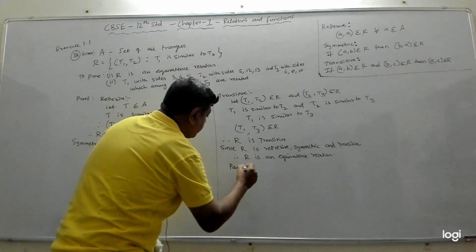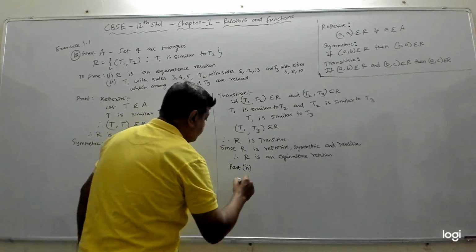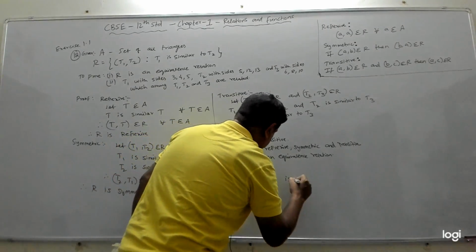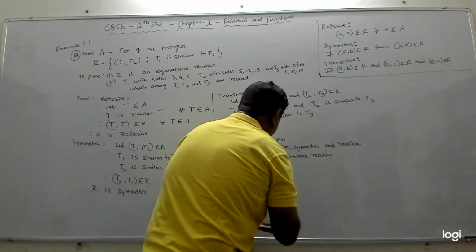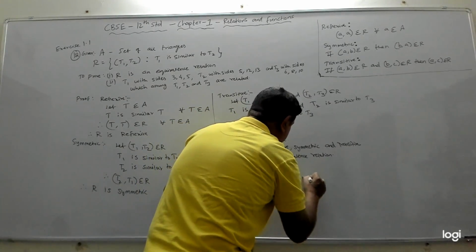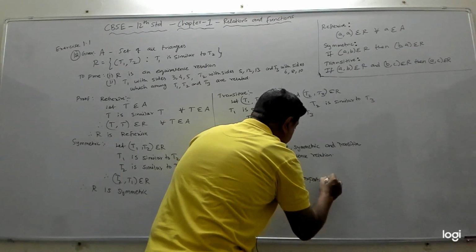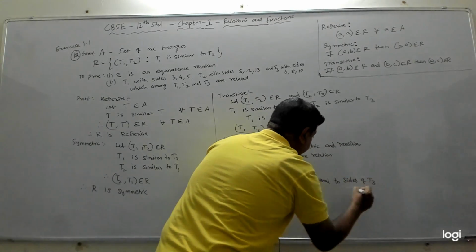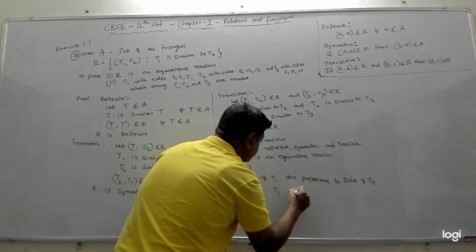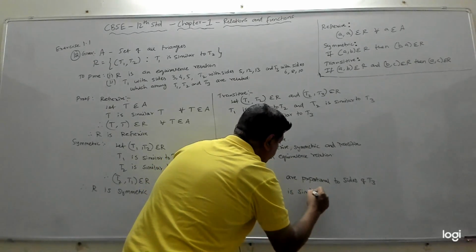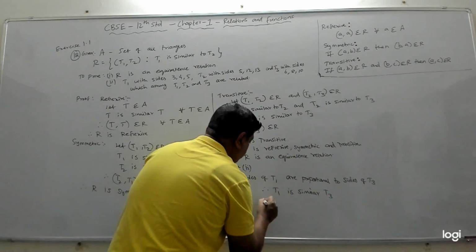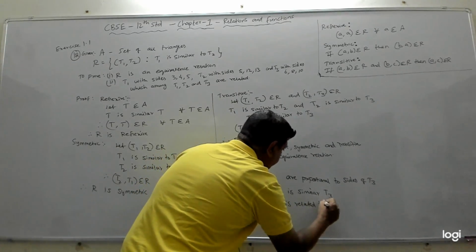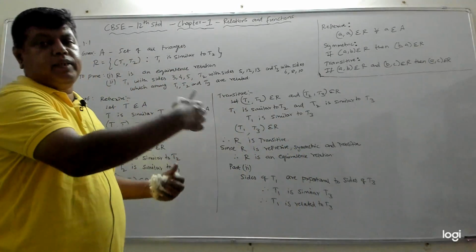Part 2, proof is: the sides of T1 are proportional to the sides of T3. Therefore, T1 is similar to T3. Therefore, T1 is related to T3. We can even say T3 is related to T1.